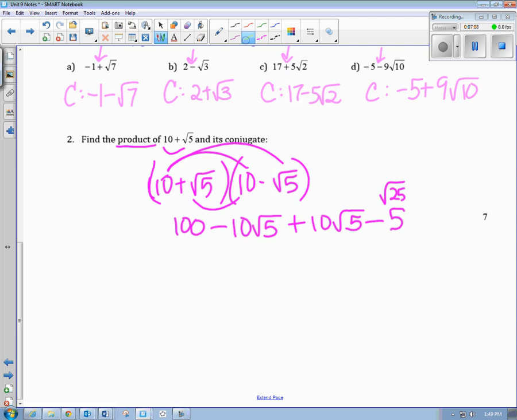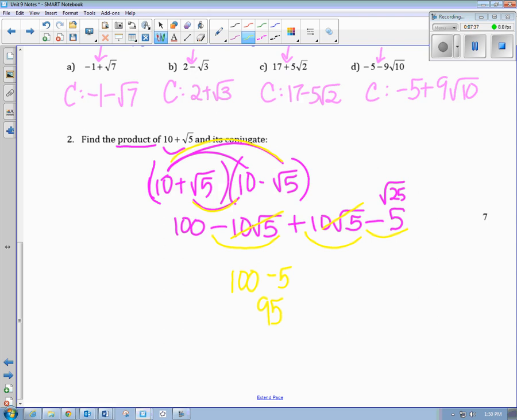One of the things about multiplying conjugates together is that when you multiply your outer and your inner together and you get these two terms, if your parentheses contain conjugates, these two cancel out. -10 radical 5 plus 10 radical 5 cancels out. So when that happens, I'm basically left with 100 minus 5, which gives me 95 as that answer.